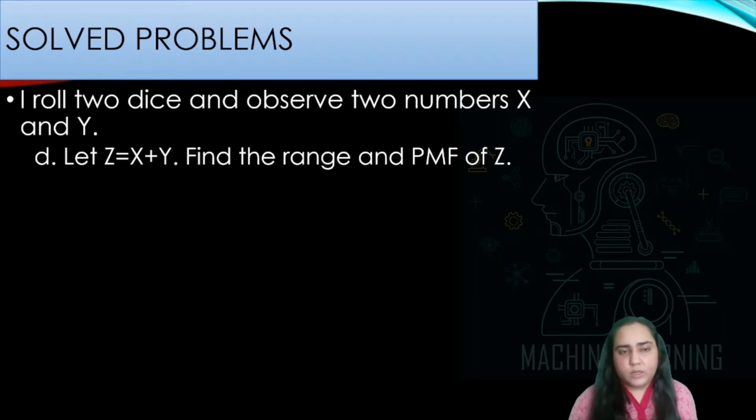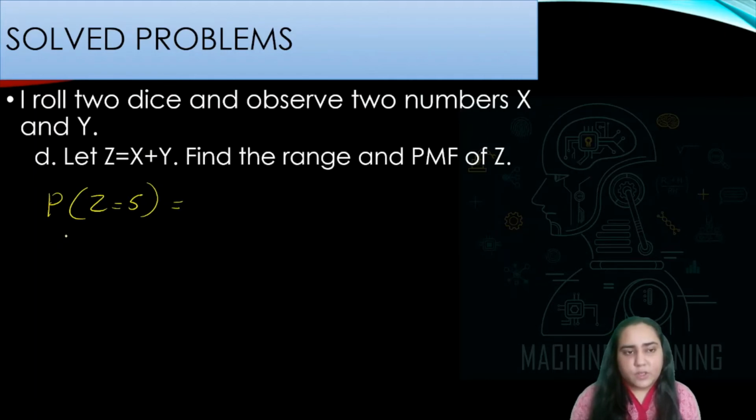And similarly, now you get the gist of how to calculate this. So you can have probability of z equal to 5. If you want to calculate this, you just have to find out how many possibilities there are.